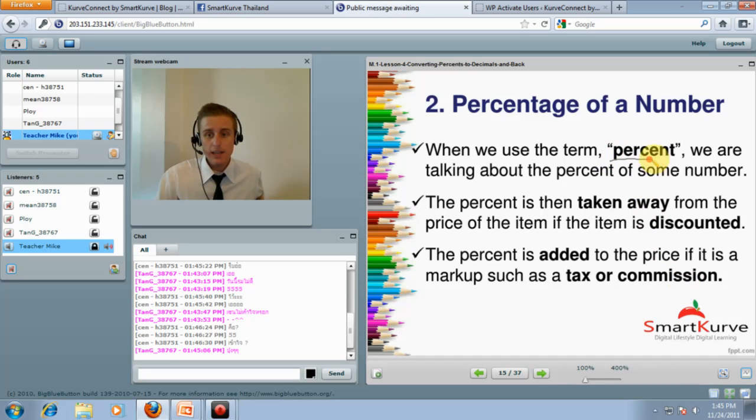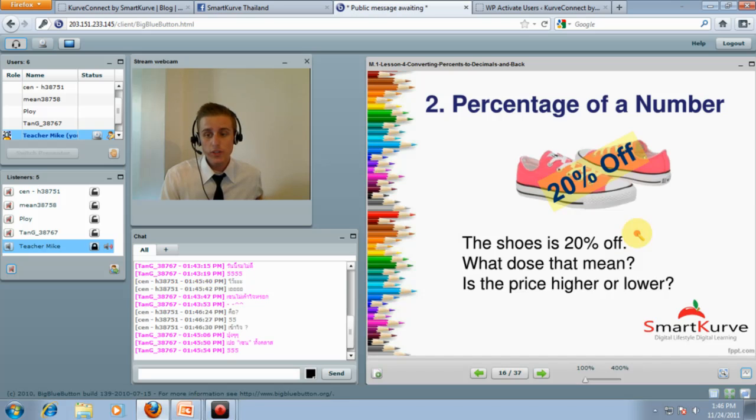So percent is the general term that we are using to refer to a number. If the percent is being taken away, it is called discount. It is discounted. If a percent is added, it is a markup. So it is either tax or commission. We'll go over those two examples.